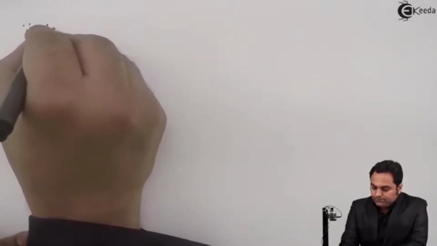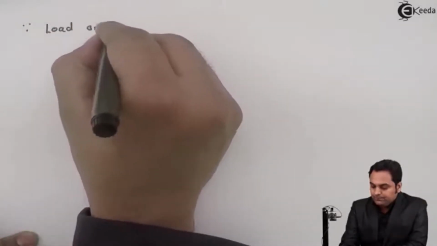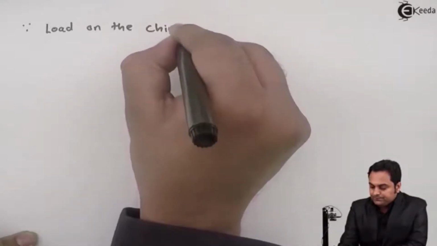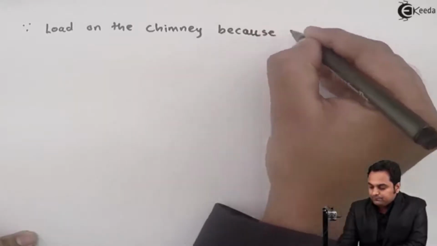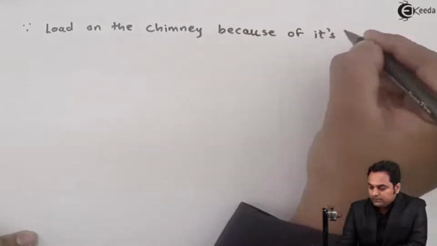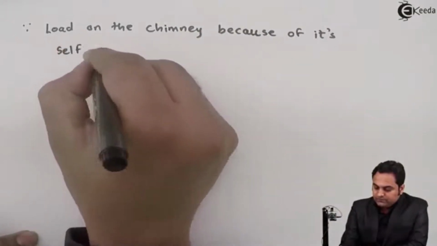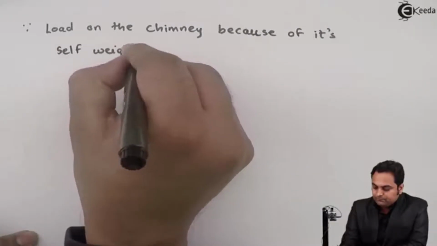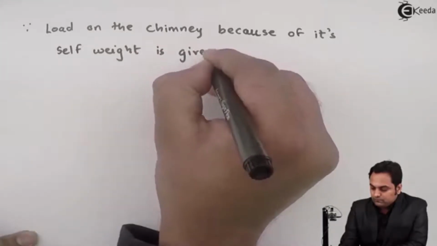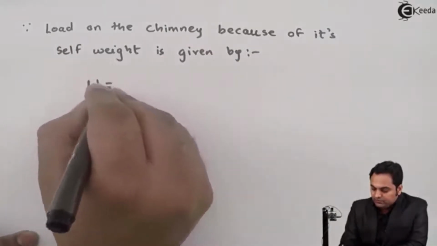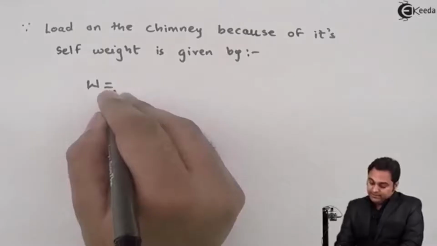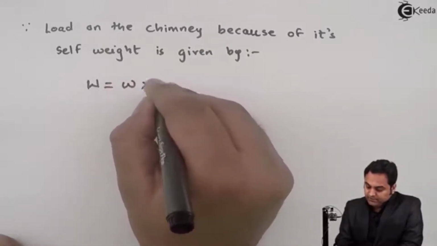So now I'll write down that the load on the chimney because of its self weight is given by the load, I'll denote it as W, and it is given by weight density multiplied by the volume.